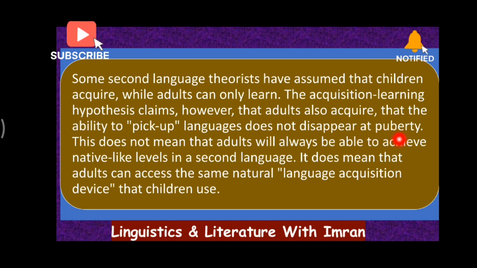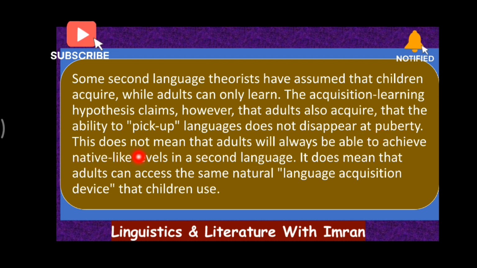Some theorists think that with the passage of time, when you are in your 20s, 30s or 40s, when puberty is gone, then you cannot acquire a language. You learn a language. That is what some theorists think. But the acquisition hypothesis of Stephen Krashen claims that no, even after puberty, you can acquire a language the way a child acquires.